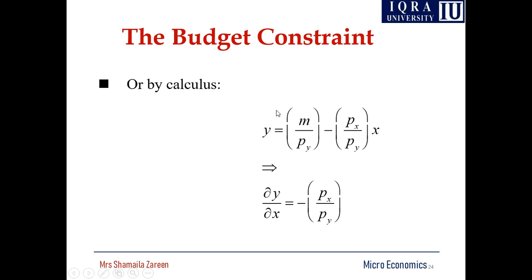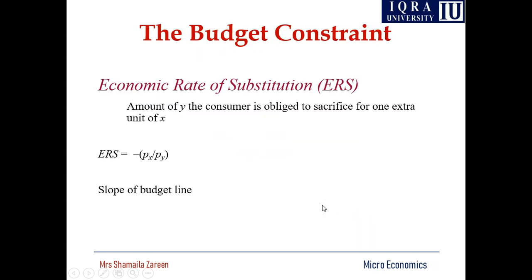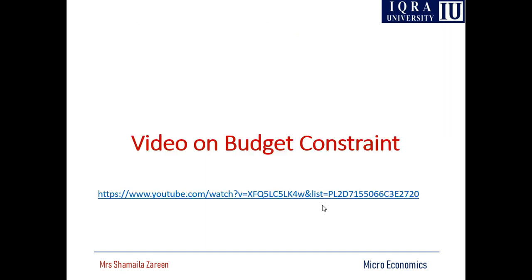Here m over py is the intercept, and px over py is in minus sign. It is called the slope of the budget line, and this minus sign shows the opportunity cost or economic rate of substitution. You can see this video for further information.